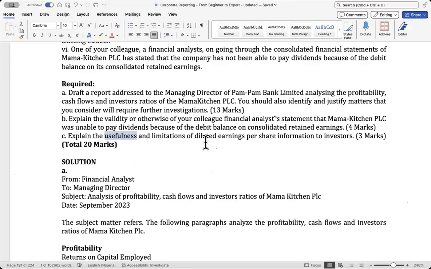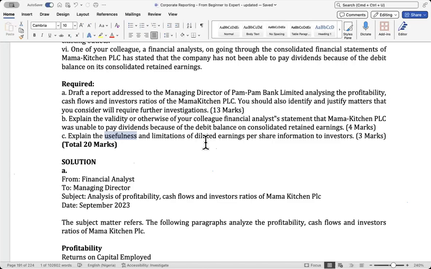So one of the usefulness of diluted EPS is that it's very useful to investors, because it helps them to know what their future earnings would be if the potential ordinary shares become ordinary shares.